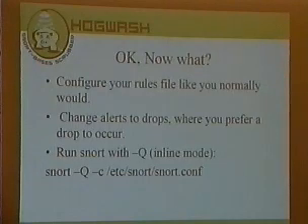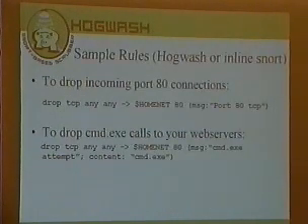Okay, now what? So what do we do next? Well, you're going to configure your rules file like you normally would. If any of you use Snort, you're free to use any configuration options you want. They should all work, with the exception of log tcpdump, which has a small problem, but I'll have that fixed probably tonight. Any alerts where you actually want them to be drops, you change those to drops.